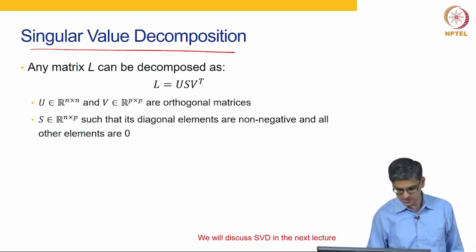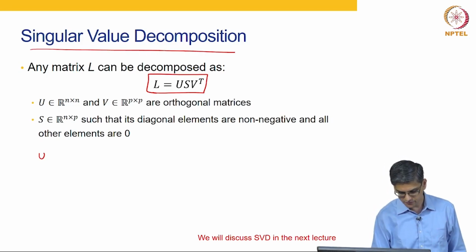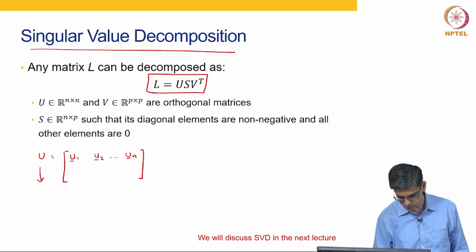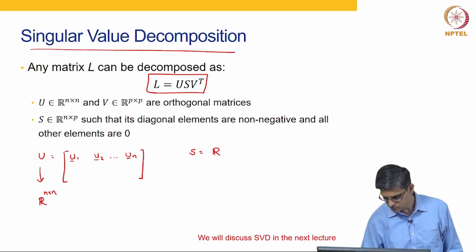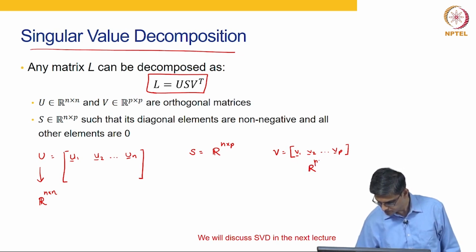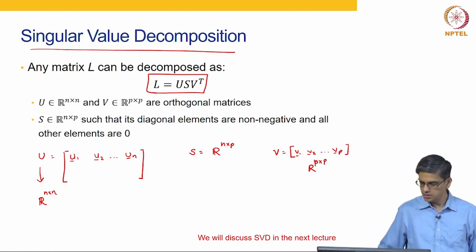Any matrix A can be represented in this particular form, where U and V are orthogonal matrices.